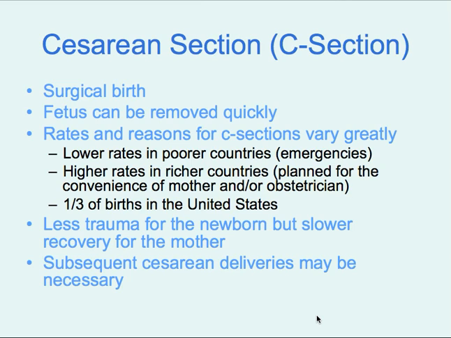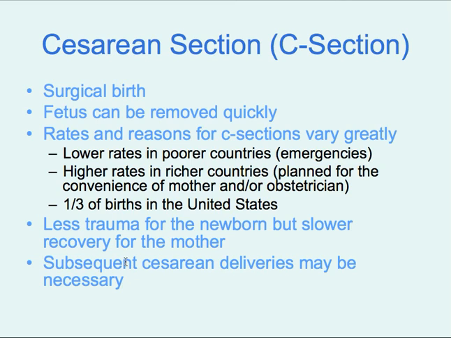You tend to see higher rates in richer countries, and oftentimes they're planned for the convenience of the mother and/or the obstetrician. This accounts for 1 out of 3 births in the United States: the cesarean section, or C-section. It results in less trauma for the newborn, but it also results in a slower recovery for the mother.